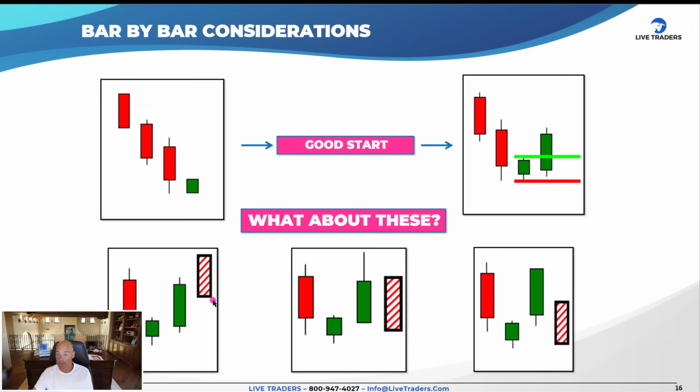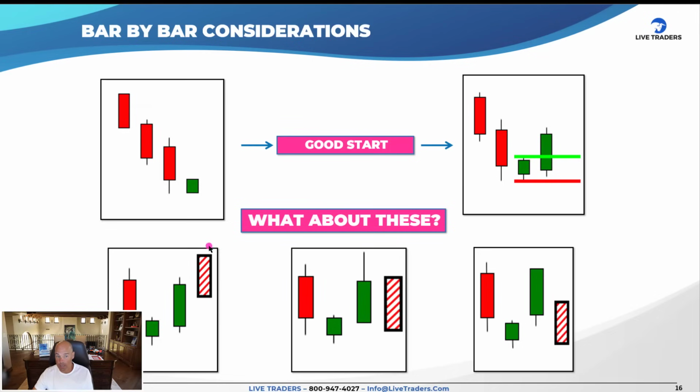Are we going to sell the stock? Are we going to raise the stop? Right? What are we going to do about it? We know the bar is negative. The general picture is not as negative.